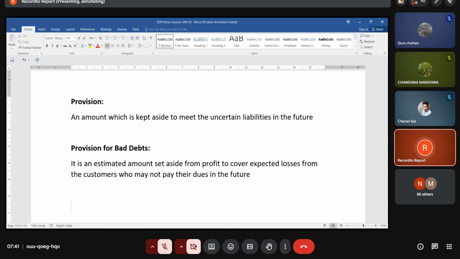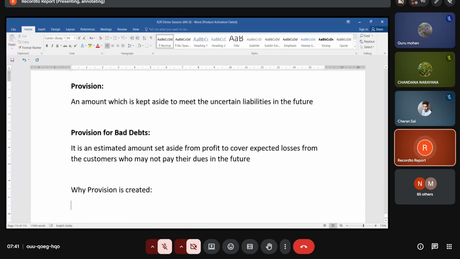So why is provision for bad debts created? To avoid a sudden impact on profit when actual bad debts occur.